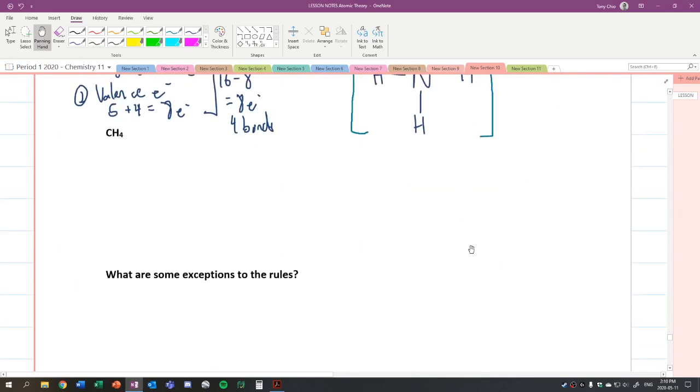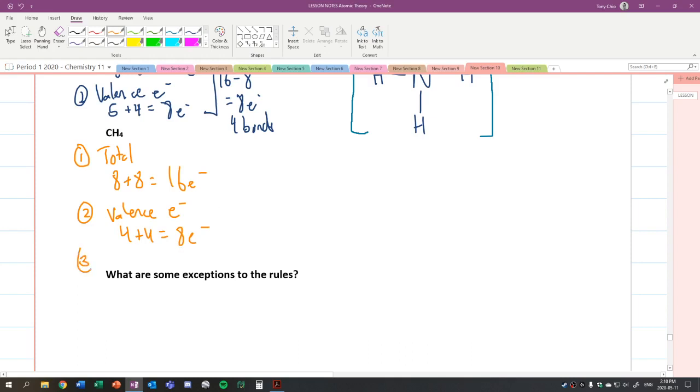If you look at CH4 now, again, let's count the number of total electrons. Number 1, total, we should have 8 plus 8, that's 16 electrons. Number 2, valence electrons, we should have 4 plus 4, that's 8 electrons.